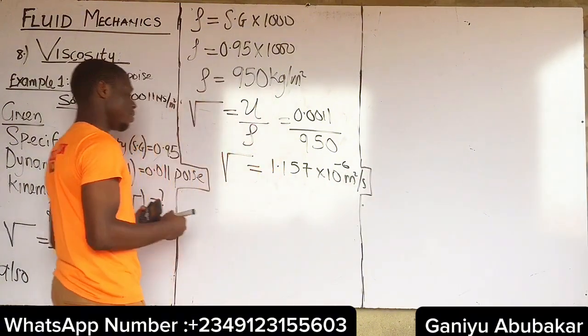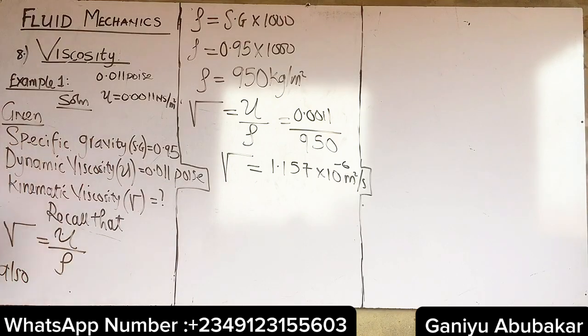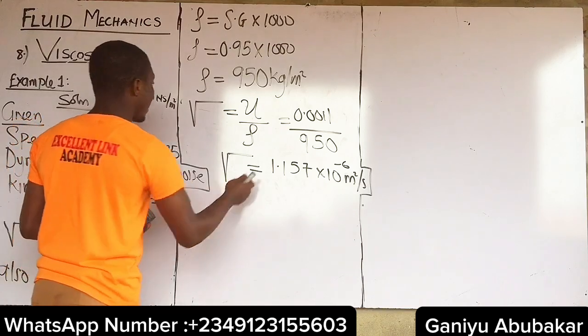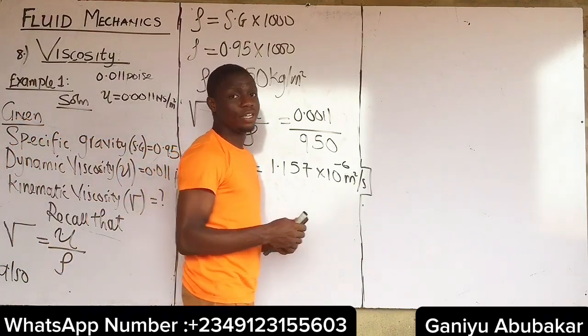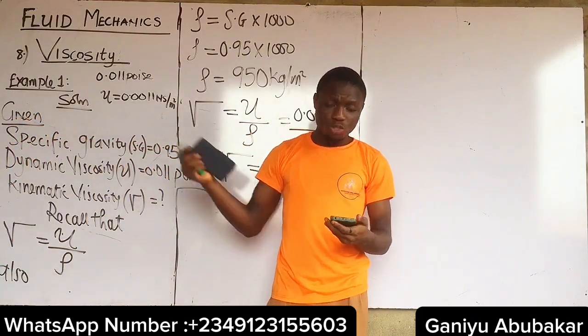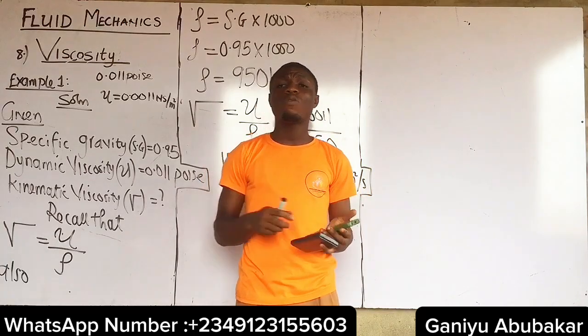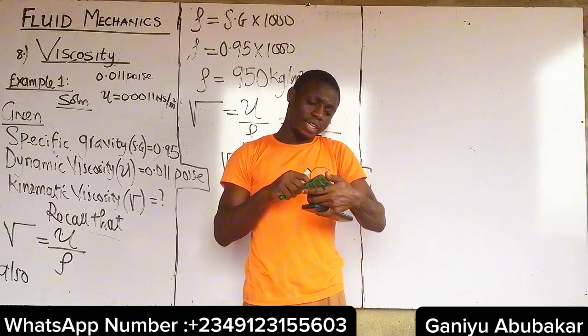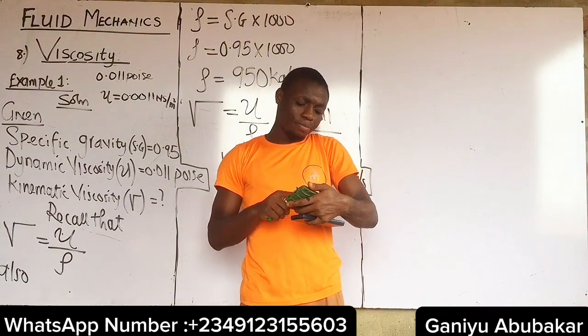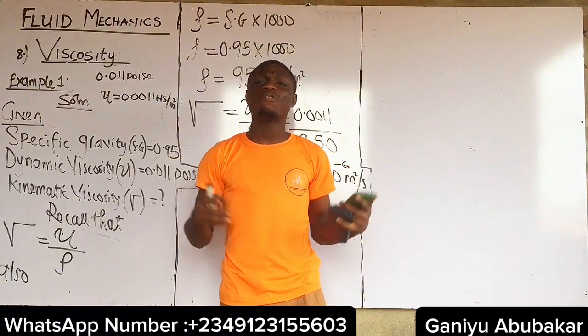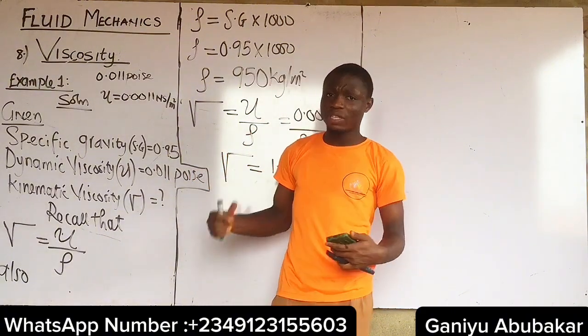Meter squared per second is the SI unit for kinematic viscosity. That's how to solve this problem using the idea of what we have just learned. Let's take one final example and end this concept. This example comprises what we discussed last class and today's class.